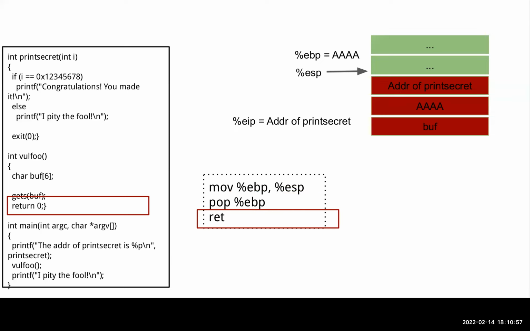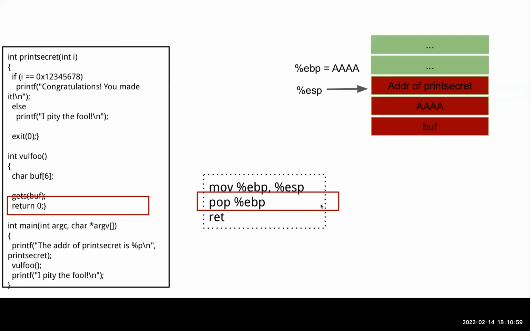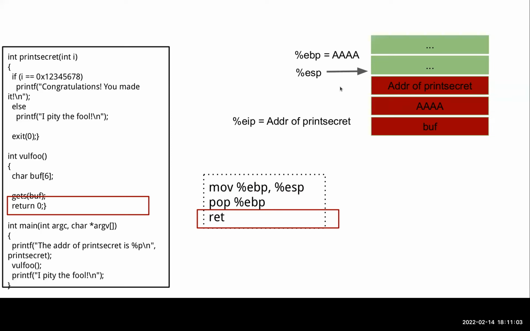What return does is pop what ESP points to and move that to EIP, right? So now EIP has the address of print secret, and ESP moves 4 bytes up. ESP points to here, which we don't really care what the value is.